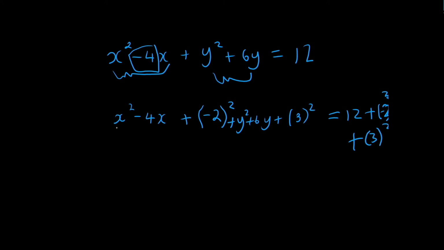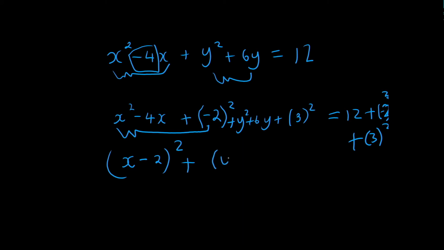Okay. Now on the left-hand side, we can factorize. x squared minus 4x plus (minus 2) squared gives me (x minus 2) squared, where we take the sign of the middle term.